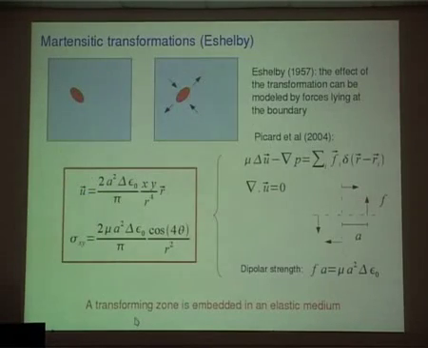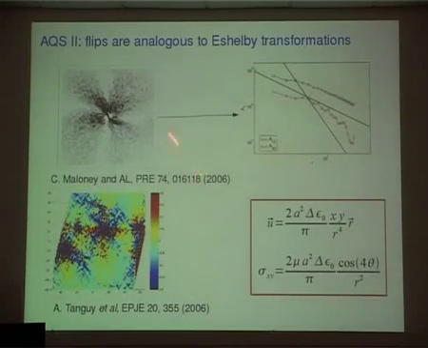Just to understand what gives rise to this avalanche mechanism, this is back to my slide with Eshelby. From Eshelby, we know the form, for example, of the displacement field. We know the form of the stress field, which has this cos 4 theta. There have been measurements of these.